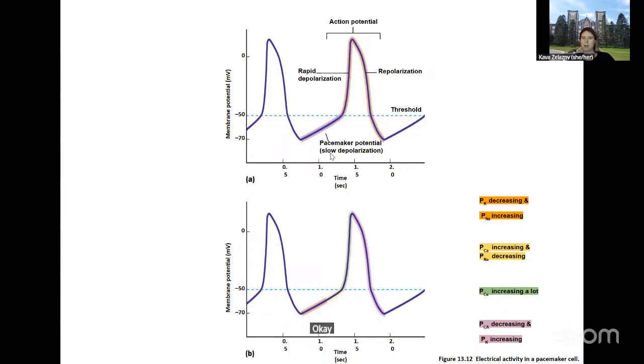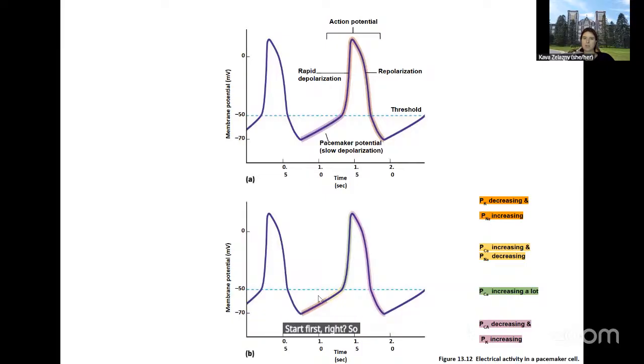Okay. So on the part below, what we're looking at is how this links up to the permeability of these cells to specific ions, right? So we can see permeability to potassium and permeability to sodium start first, right?